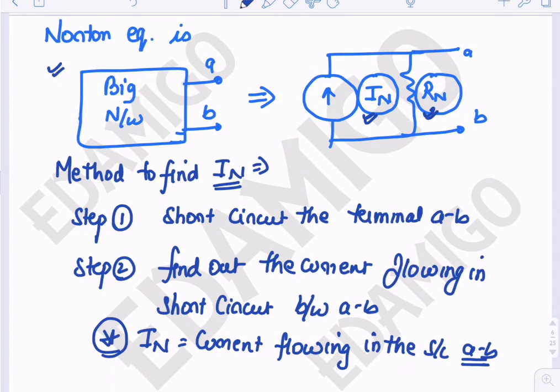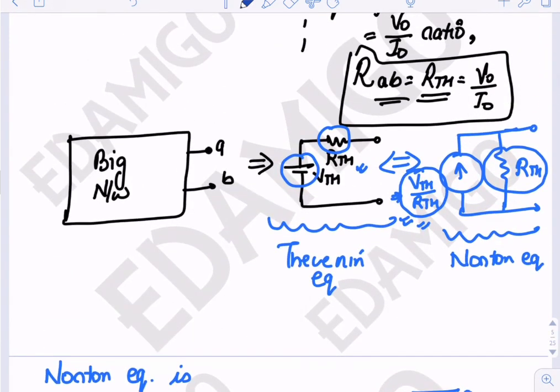So this is the Norton equivalent and this is your Thevenin equivalent. From the Thevenin equivalent you can easily convert into the Norton equivalent.